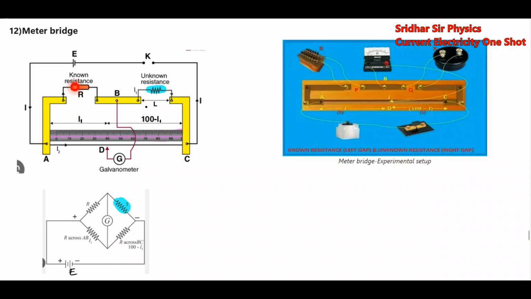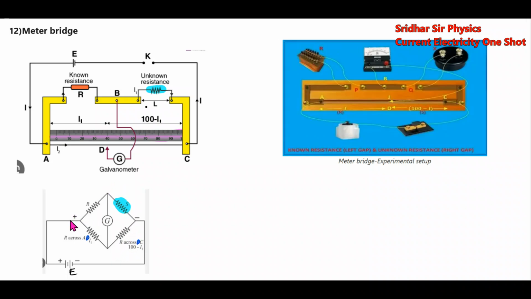Current will flow like this from the cell. It is connected to the resistor AB, and next this is BC. We'll do one thing: AD, DC.